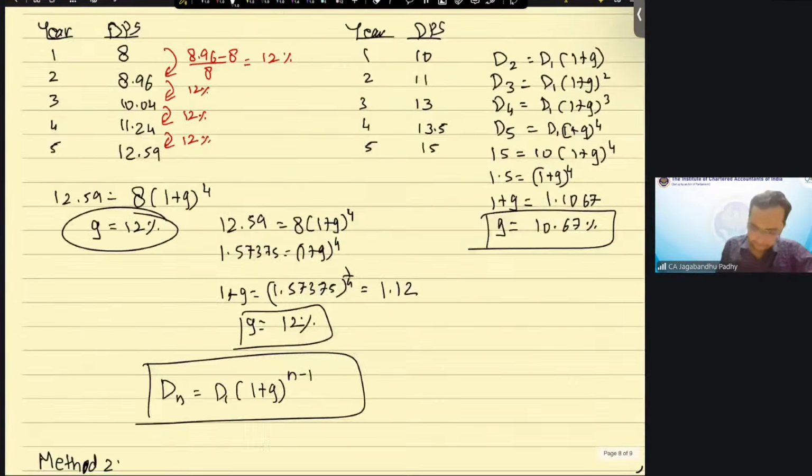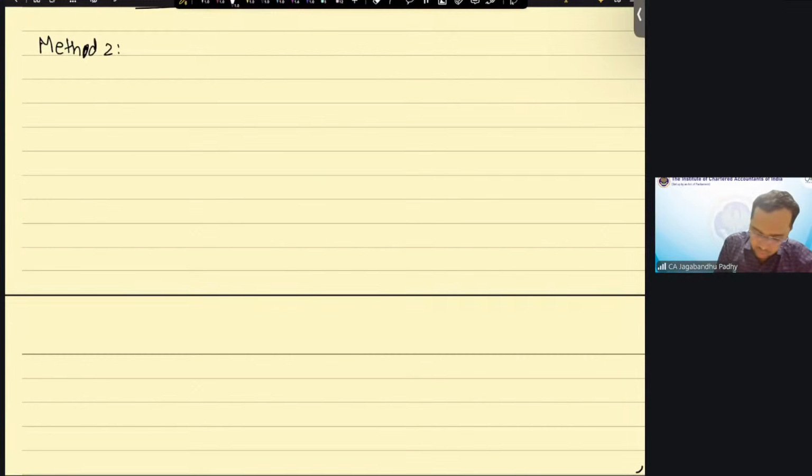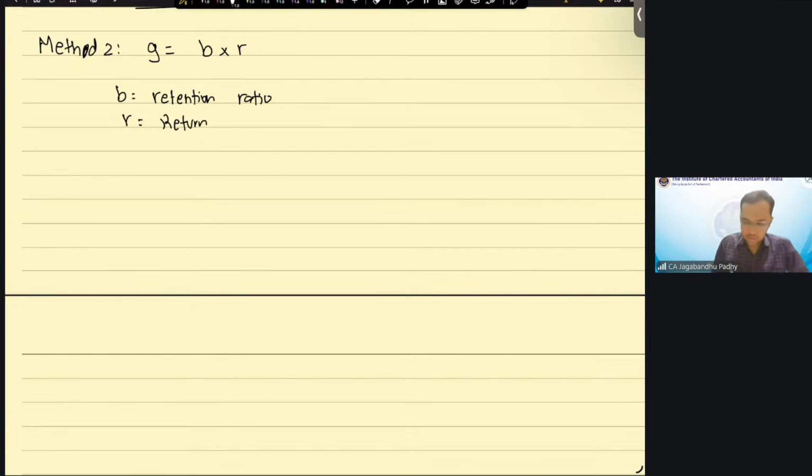The second method of growth rate calculation is simply b multiplied by r, where b is the retention ratio and r is the return on investment of a new project, or just return on investment, or sometimes we can also say return on equity in that situation.